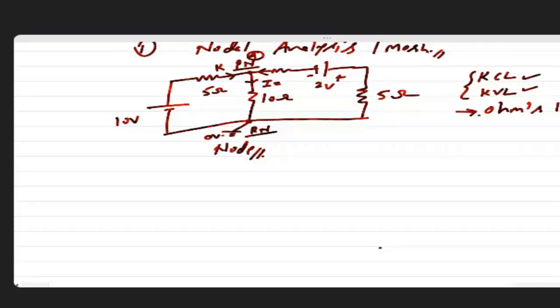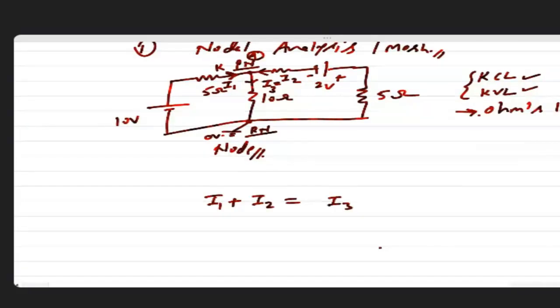So we have to apply KCL to this particular node A. Let's say this is the incoming current I1, this is the incoming current I2, and this is the outgoing current I3. So incoming currents at the node are I1 plus I2, and the outgoing current is I3 only. This is our KCL equation at node A, and you can see only one principal node is there, so no need to write further equations.